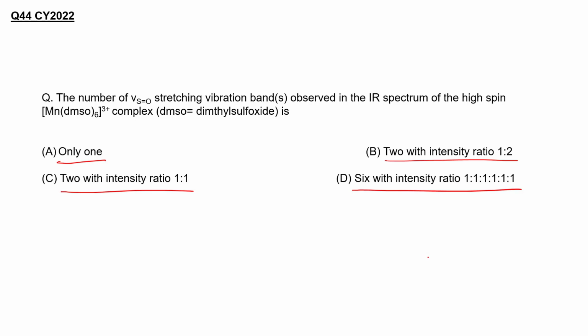Coming to the answer, first let me draw the structure of [Mn(DMSO)6]3+, where Mn is in +3 state and it has an octahedral geometry and it will be a high spin complex.